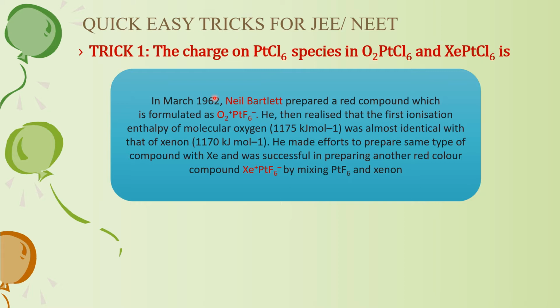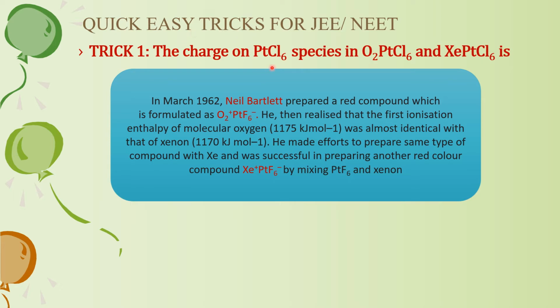So he thought, if O2PtF6 can be formed, then XePtF6 can also be formed, and he was successful in making Xe+ PtF6- by mixing PtF6 and xenon, and another red colored compound was made. Both are red compounds, both formed by losing one electron from an oxygen molecule and one electron from a xenon atom. So this is the relation.